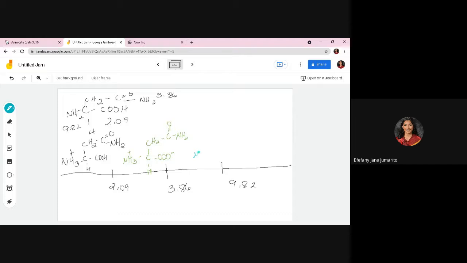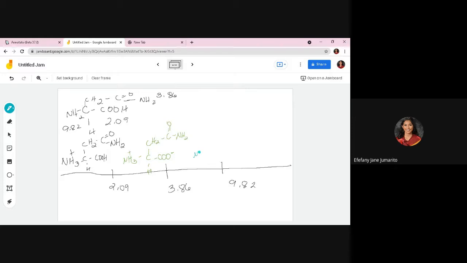So we have, what will happen? Only the C. NH2. Okay, so after 3.86, what will happen since it is still under what solution? Acidic, ma'am, still acidic solution.